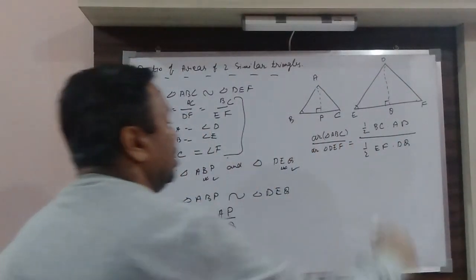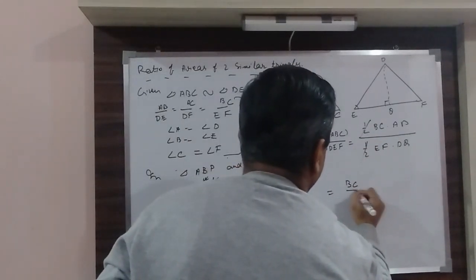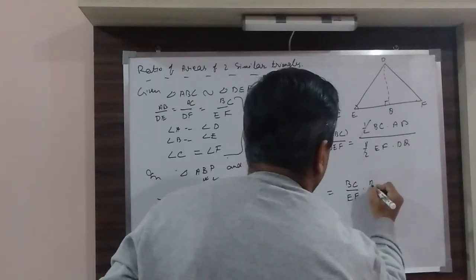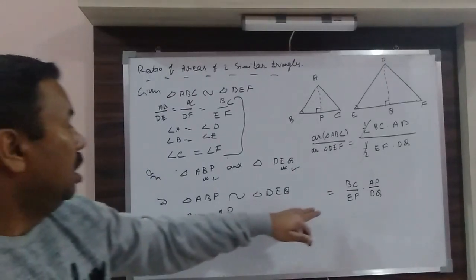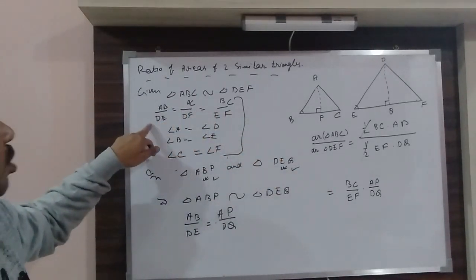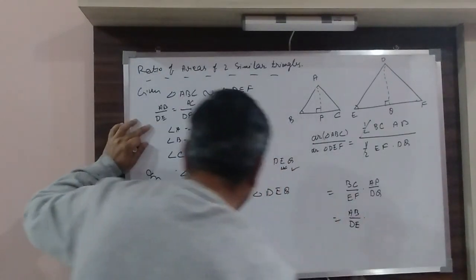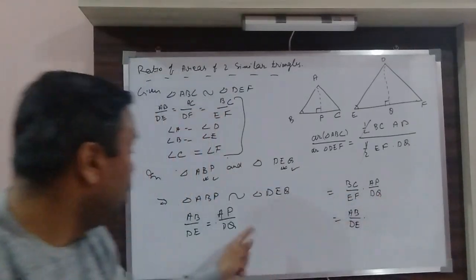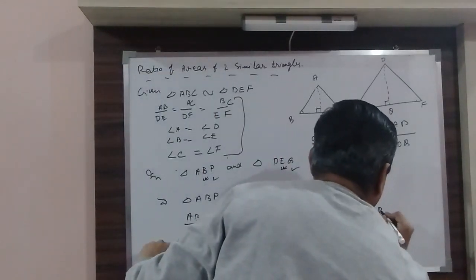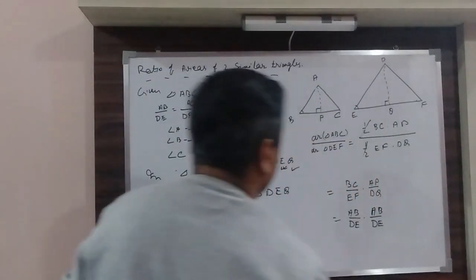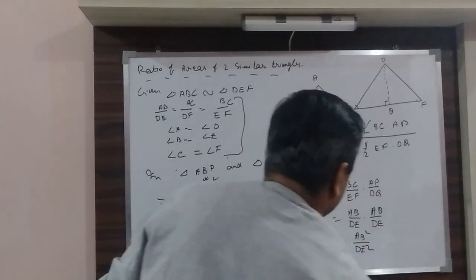This half will be cancelled out and this will be equal to BC over EF into AP over DQ. But BC over EF is equal to AB over DE, and AP over DQ, I have proved to be AB over DE. So what is the ratio? AB square over DE square.